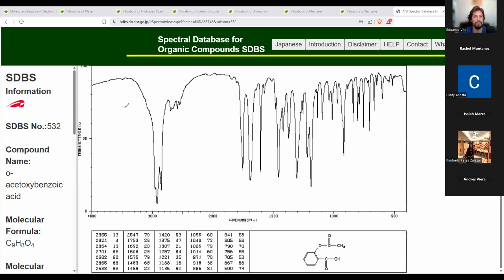C double bond O, right? So what is that called? What's the name of that bond? A C double bond O. What's it called? And also, what's the wave number? Where do you see it? There's a lot of peaks. You got to tell me.